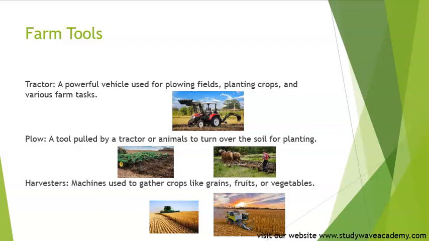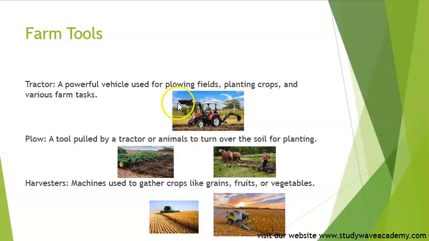So now we are still looking at farm tools, but these have engines. Okay? We have the tractor, a powerful vehicle used for plowing fields, planting crops, and various farm tasks.